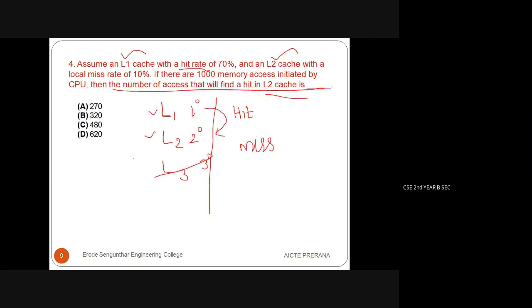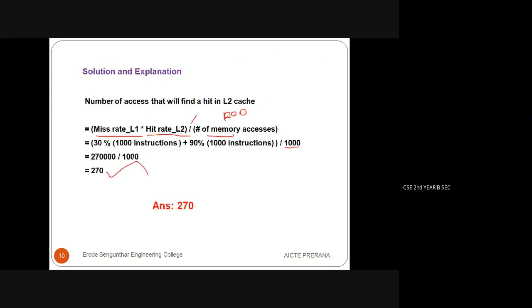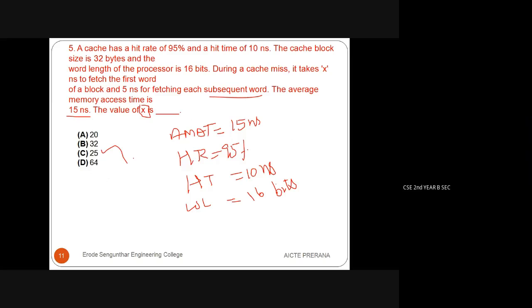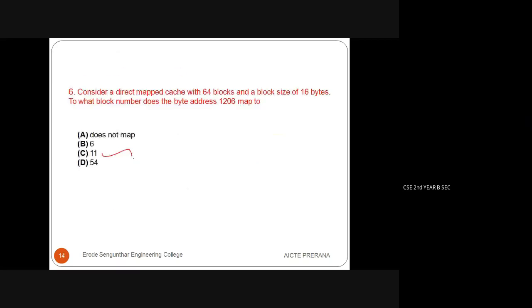This was followed by a quick recall of cache memory related problems: hit rate, miss rate, cache hit, average memory access time, and the total time or blocks required for fetching a particular data. Finally, we came across finding the block number to which a particular address is mapped.